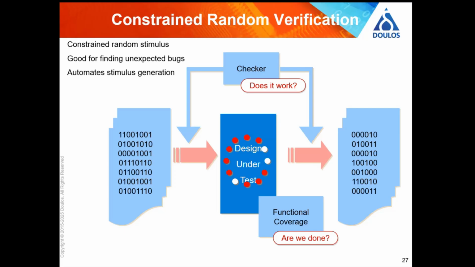And then what you'll find if you do this is that your coverage will not be 100%. There will be things missing. There will be things that your design has not done. And so what do you do about that? Well, you could run the simulation for longer and you would probably get better coverage.